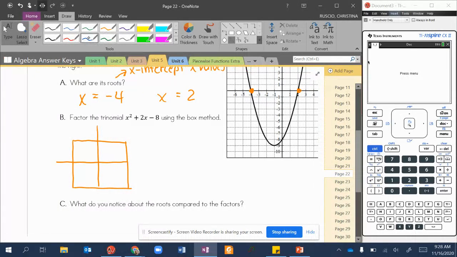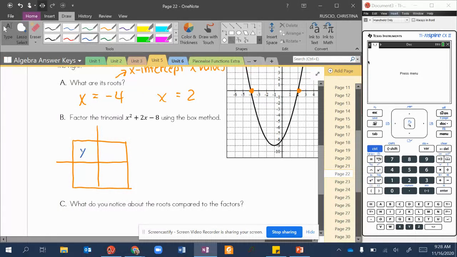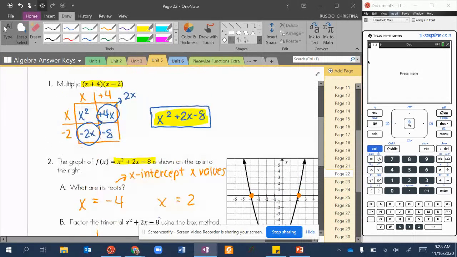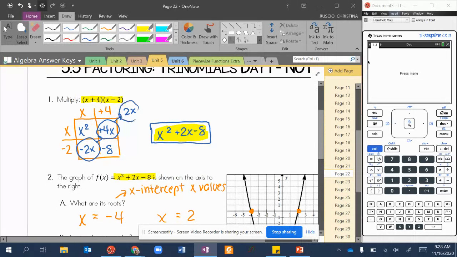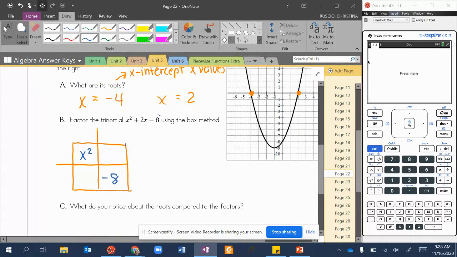So I'm going to take a minute and I'm going to put the x squared in here, right? Isn't that usually where the x squared belongs? And the minus 8, you guys are like, oh, that belongs down here. But then there's only 1, 2x. So let's think about where that came from up here in this example. Wasn't that my little tail? All right, so my tail is 2x.